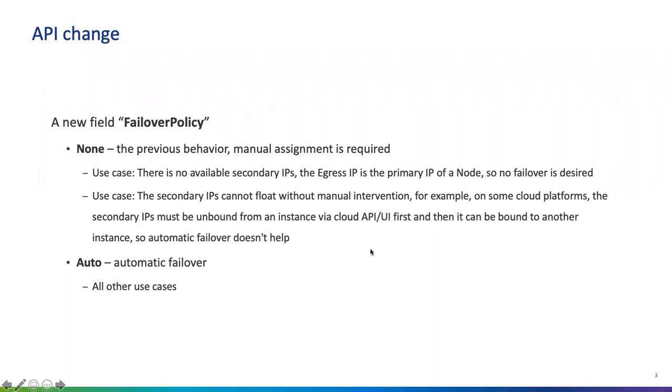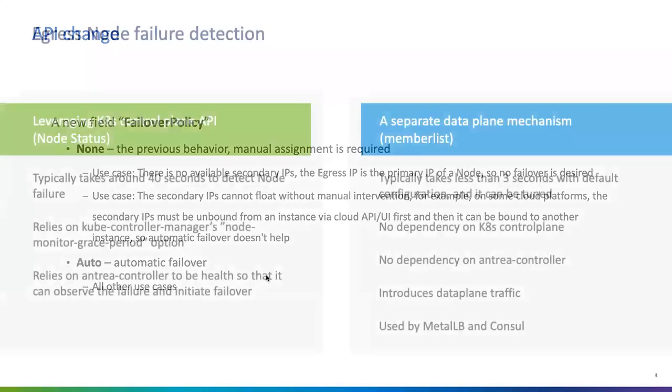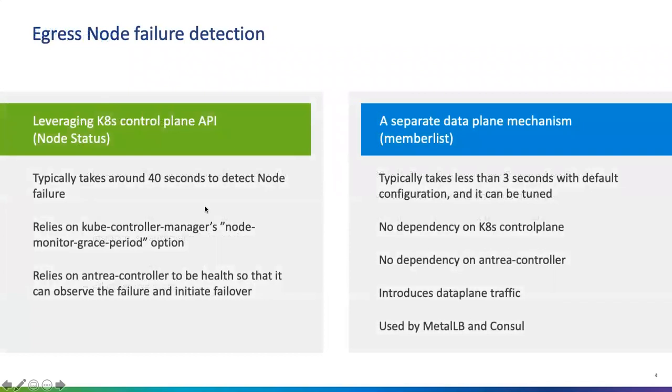Then we will talk about how we plan to implement the failover for egress. Most importantly, we need to first detect the node failure events. To do that, there are basically two solutions.